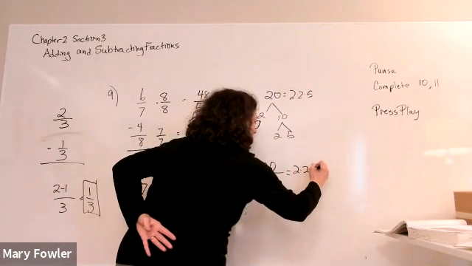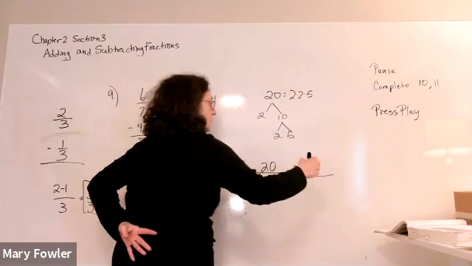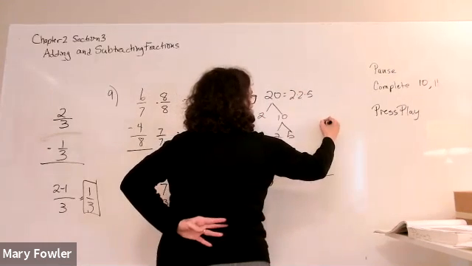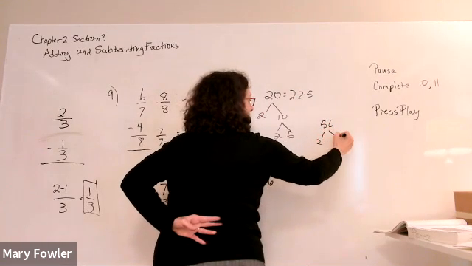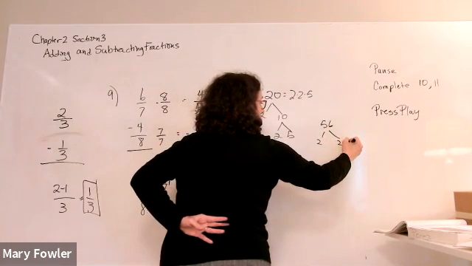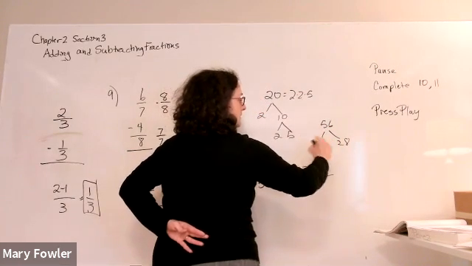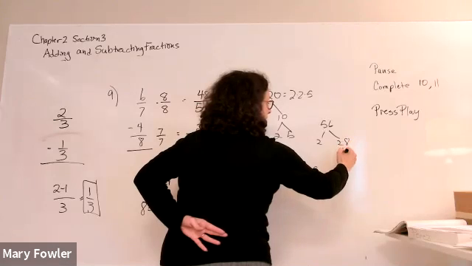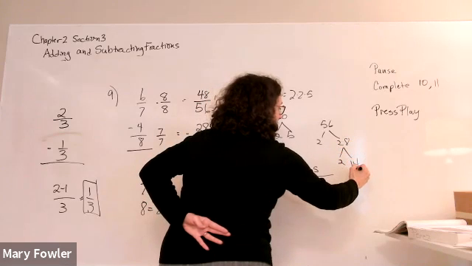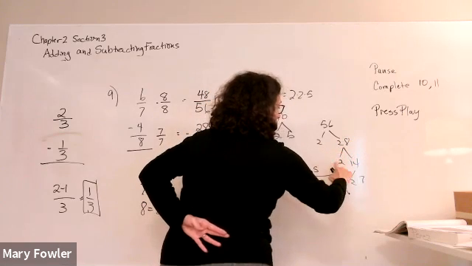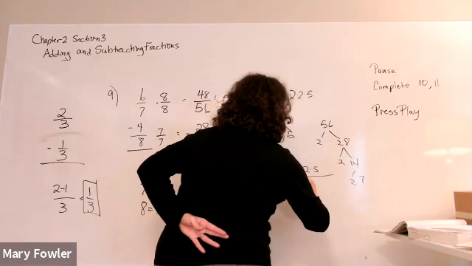And then we can just cancel the prime factors. Okay, and then 56, let's prime factor that. 28 times 2 is 56. 2 times 14, 2 times 7. So it's 2 times 2 times 2 times 7.